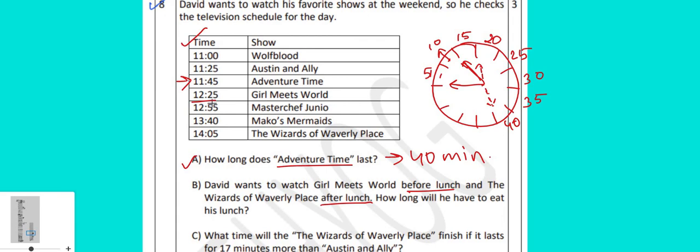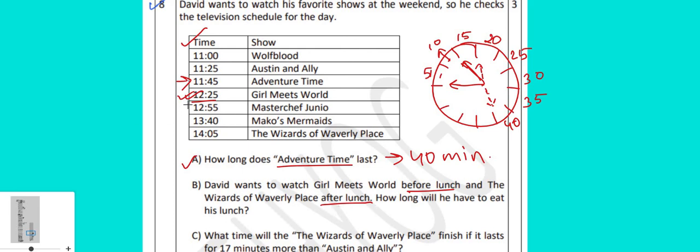So definitely here, after reading this question, we can understand that first he'll have to watch this show, this one, and after that if he eats lunch, it will be before his lunch time. So after he watches this TV show, he starts eating his lunch, and he wants to watch this TV show after lunch.